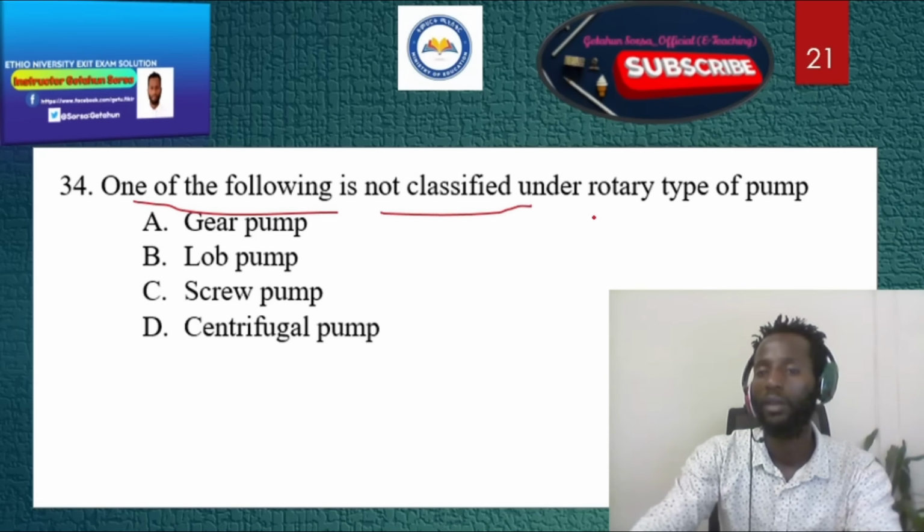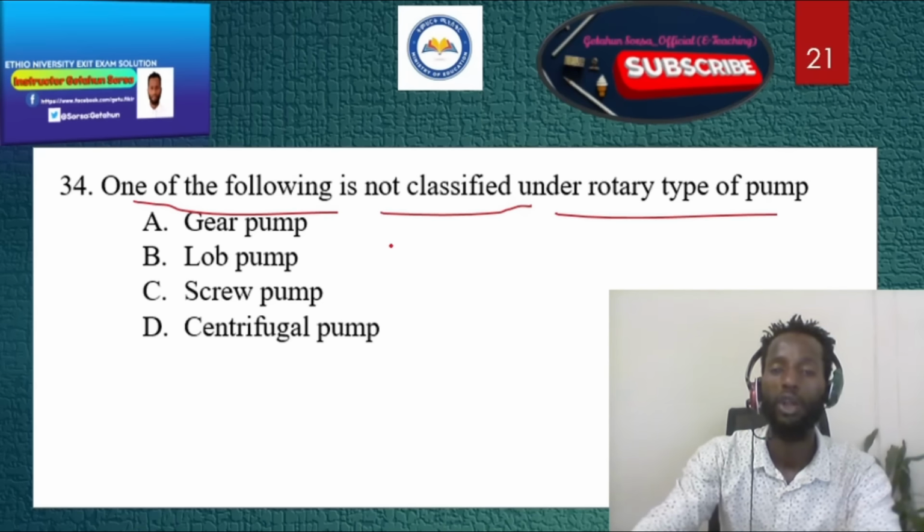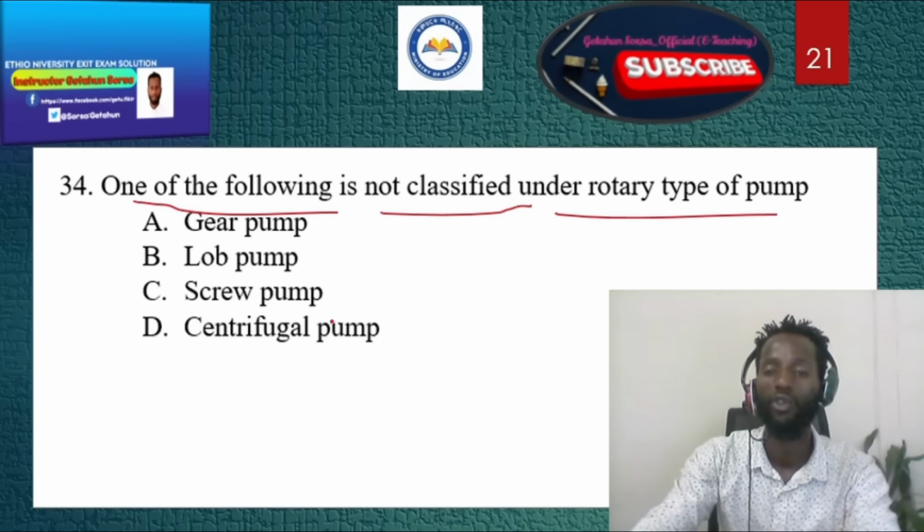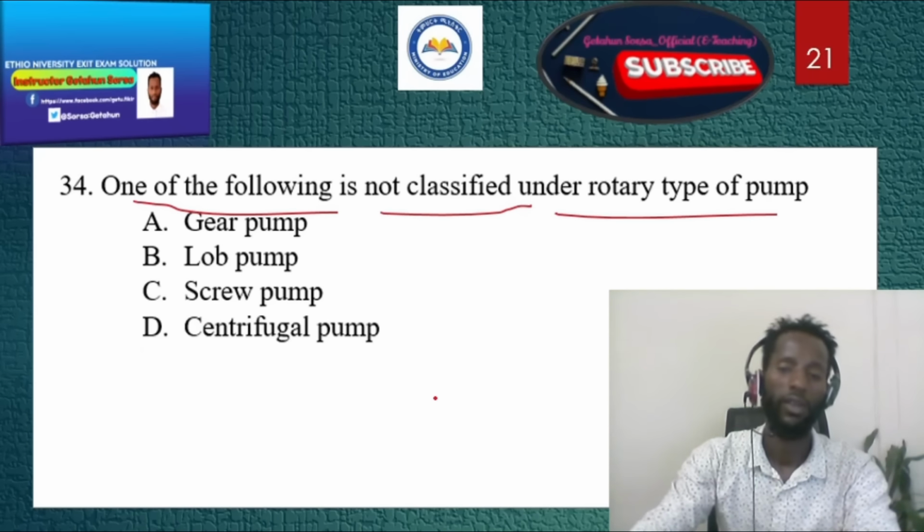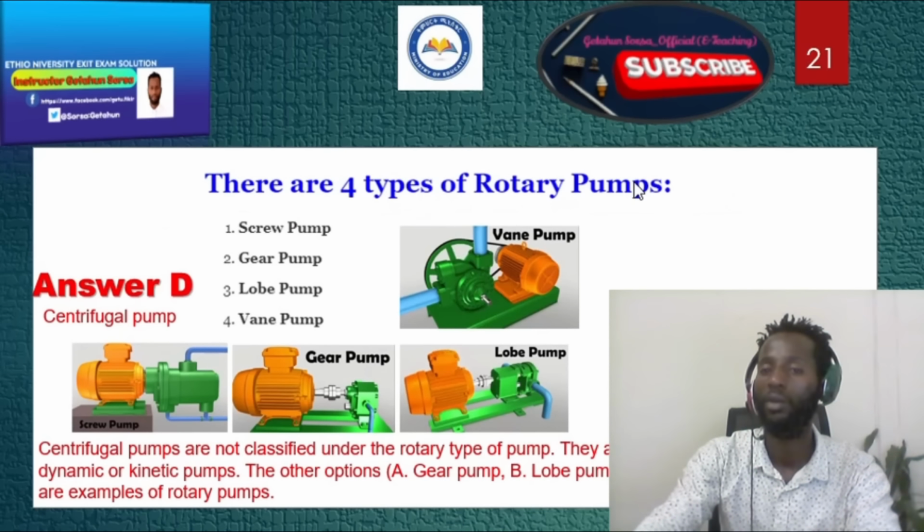which one of the following is not classified under rotary type pumps: A. gear type pump, B. lobe pump, C. screw pump, and D. centrifugal pump. Basically, rotary pumps are classified into four basic categories. These are screw type pump, gear type pump, lobe type pump, and vane type pump.